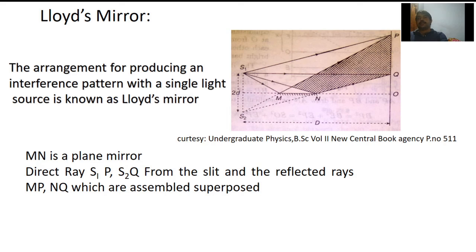Here S1 produces a virtual image S2, and thus they form coherent sources satisfying the condition of interference.